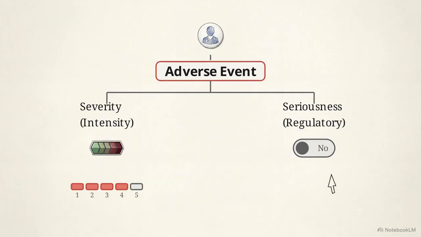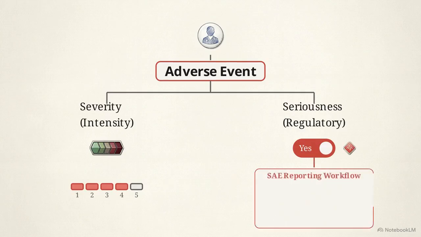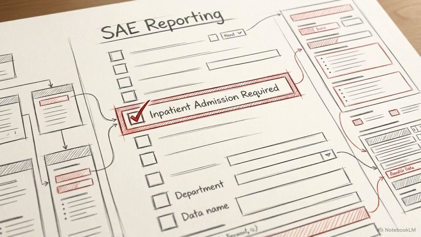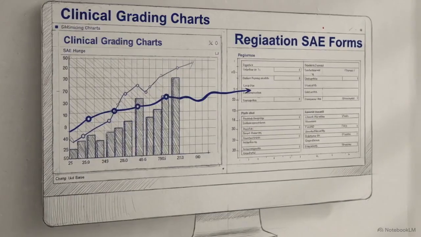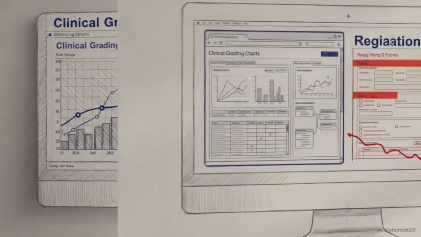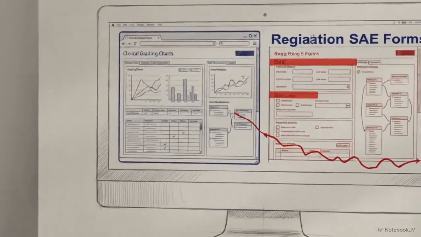A patient might experience a grade 4 toxicity that is clinically severe, but without triggering a specific regulatory criterion, it isn't officially serious. When that seriousness toggle is switched to yes, the database immediately triggers a unique, locked workflow for serious adverse event reporting. This expanded section captures the additional data required for SAEs, forcing the user to identify the exact seriousness criteria, such as a prolonged hospitalization. Keeping these variables entirely separate is essential for running automated safety reconciliation between your clinical and safety databases.